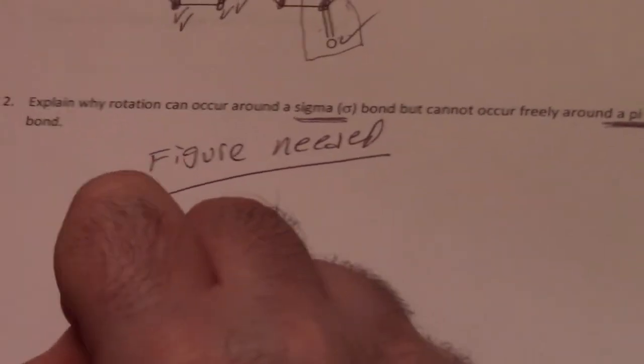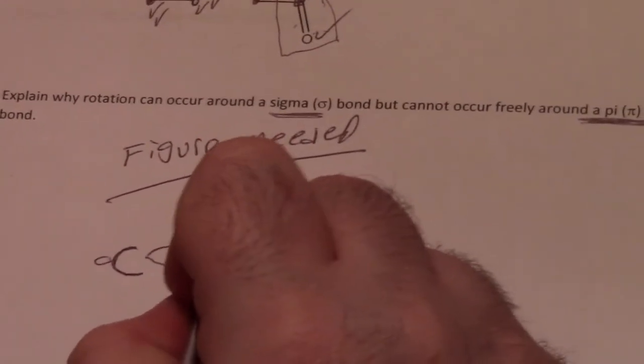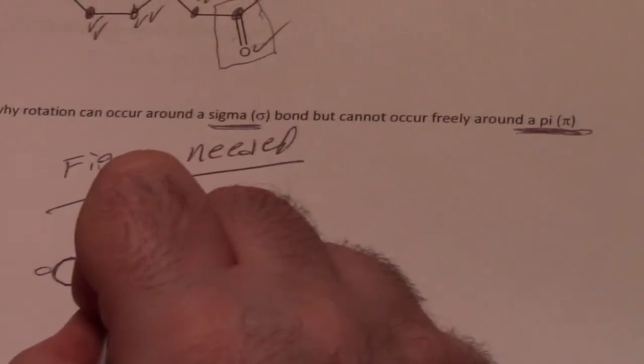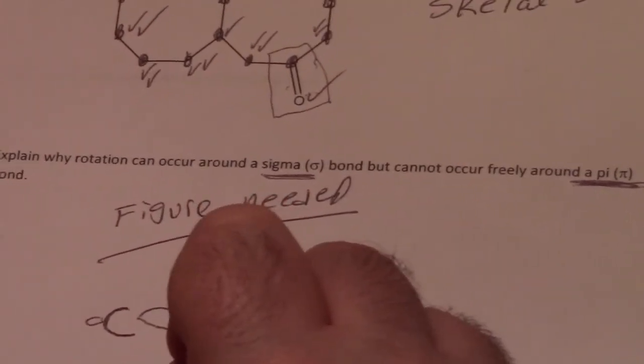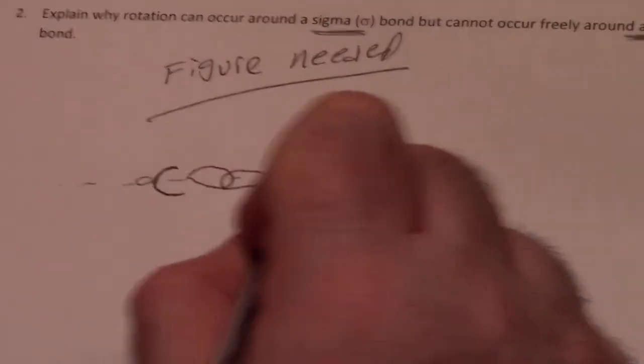But if you imagine a carbon atom that's sp3 hybridized, it will have an sp3 hybrid orbital and another carbon atom that has an sp3 hybridized orbital, and they will overlap in such a way that you have bonding around this axis.